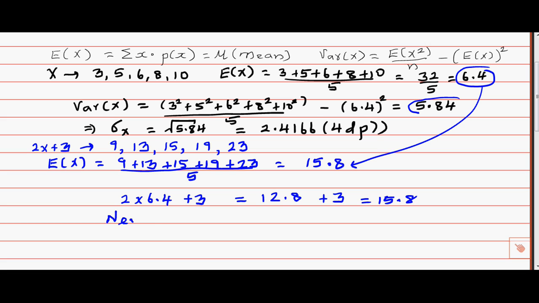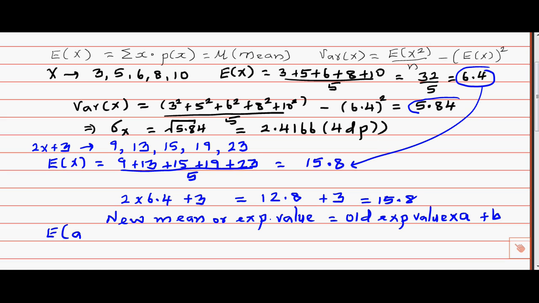New expected value is the old expected value times whatever you're multiplying, let's say that is A, plus B. So we can say the expected value of AX plus B is the same as A times the expected value of X plus B.